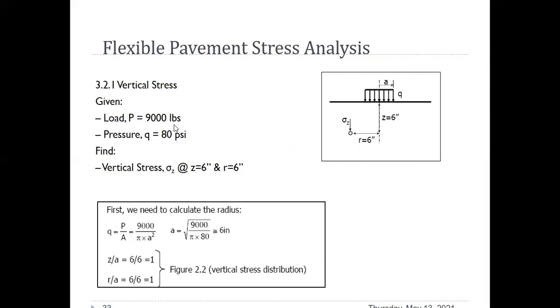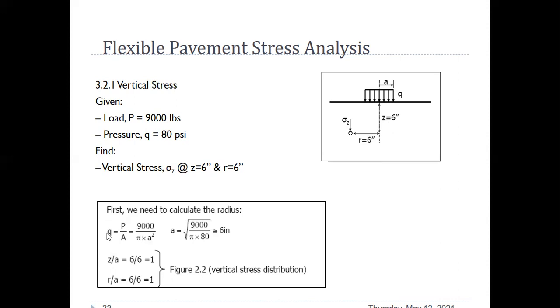This is the load from the tire. Pressure is, I mean the tire pressure is 80 psi. And our objective is to know the vertical stress 6 inch away from the center. That is Z is equal to 6 and R is equal to 6. 6 inch away from the center is R and 6 inch below from the center is Z.